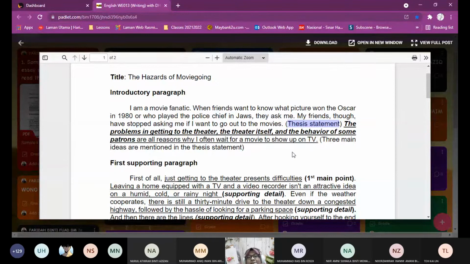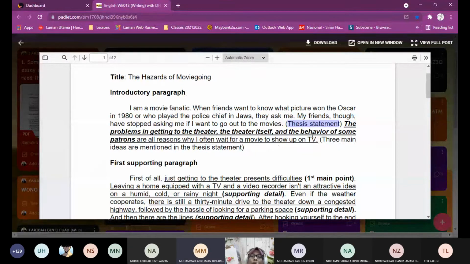You must write a thesis statement, because it will help you focus on what you are going to write in the next paragraphs and the rest. Basically the thesis statement gives you the idea of what the essay is about. Are you clear up to this point? Okay, I got it.